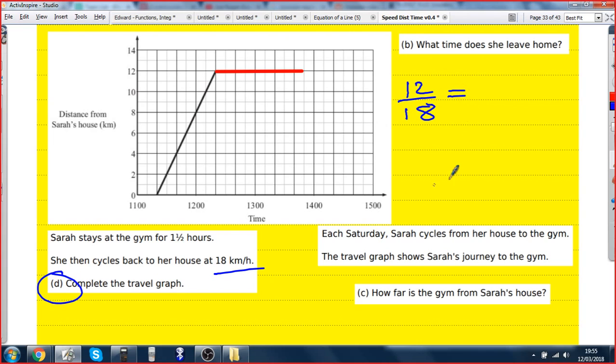What is that? Just simplify. So 2 over 3. What's the unit?